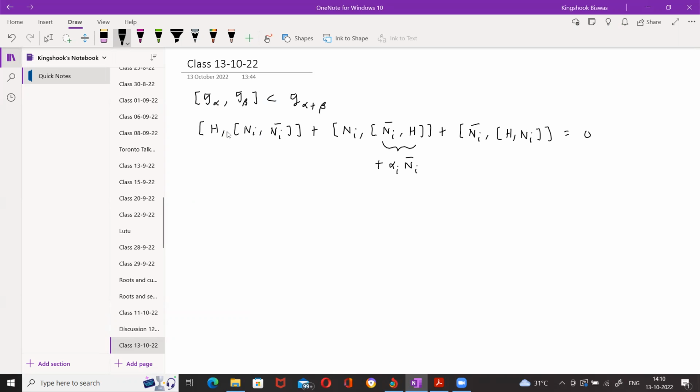And the bracket of H and ni is alpha I ni. So I get alpha I times the bracket of ni and ni bar, and alpha I times the bracket of ni bar and ni. So these two cancel. So this sum is equal to 0, and therefore this term is equal to 0.